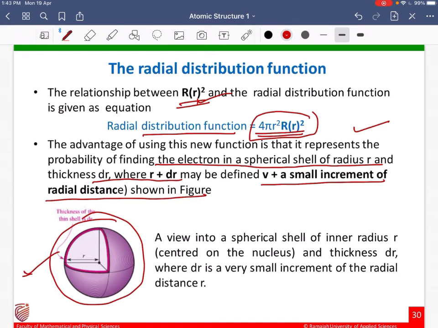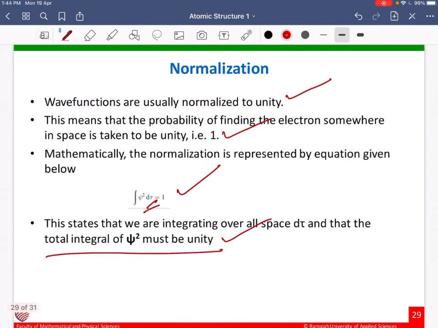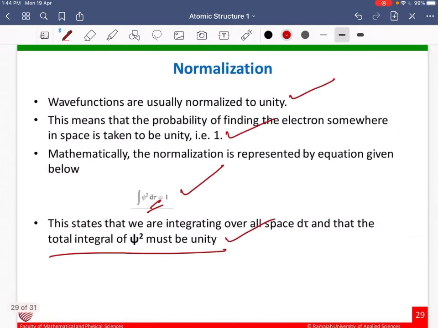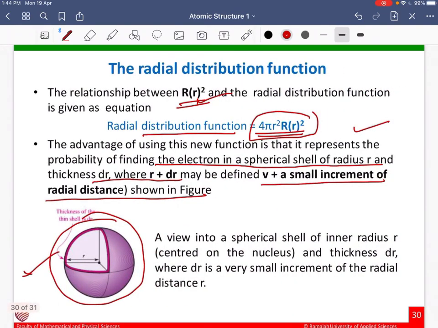This is a view into a spherical shell of inner radius r centered on the nucleus and thickness dr, where dr is a very small increment of the radial distance r. Thus, instead of considering the probability of finding the electron as a function of distance from the nucleus as illustrated in this figure, we are now able to consider the complete region in space in which the electron resides.